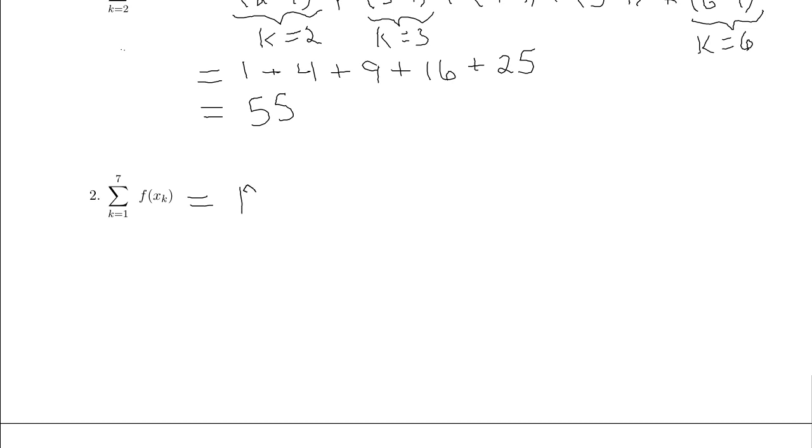So we start off with k equals 1, so we'll have f of x1 plus, now k is equal to 2, so that's going to be f of x2 plus, and we just keep going until we get to 7.